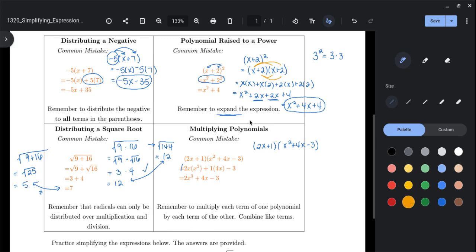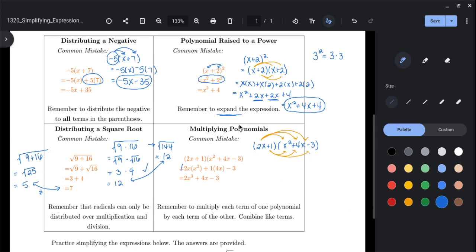And then when we multiply, this 2x has to be multiplied with x squared. We're going to multiply it with 4x, and we're going to multiply it with negative 3. So we're distributing it to each term in the second parentheses. Same thing with the 1 times x squared, or 1 times 4x, and 1 times negative 3.